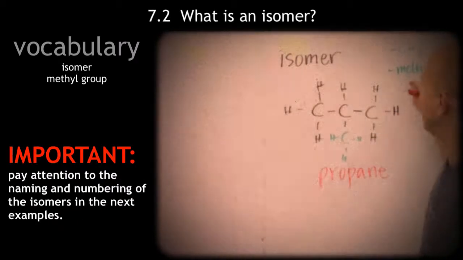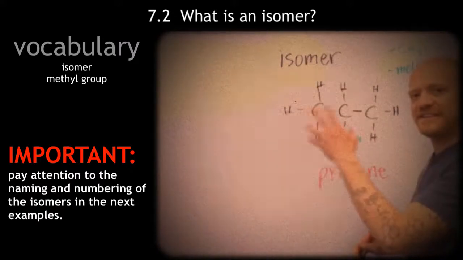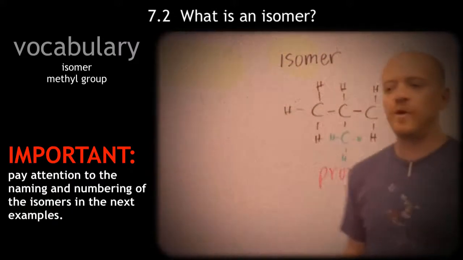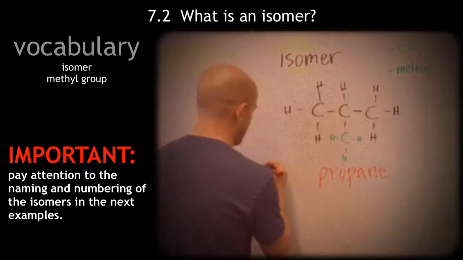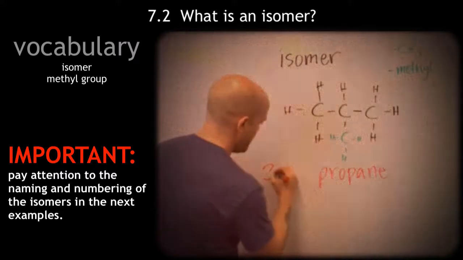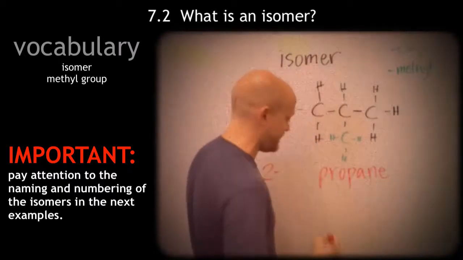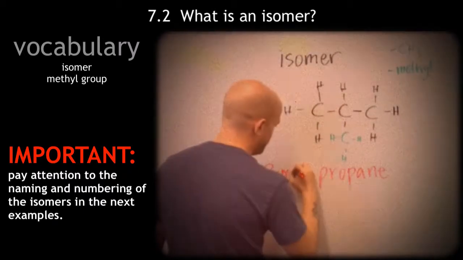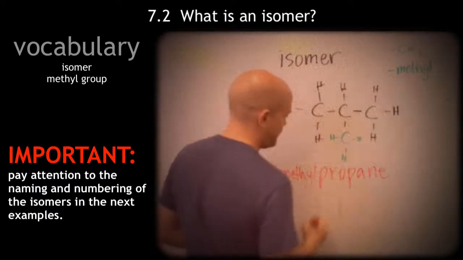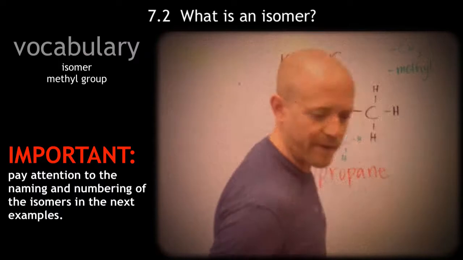We have what is called a methyl group, sticking on the second carbon. So we put the number first, 2, because that's the carbon it's on, and then we write what's sticking on carbon 2, in this case a methyl. So it is 2-methylpropane. That is how we name this compound.